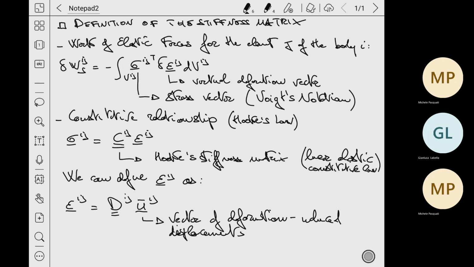And this is a linear differential operator. If you want, it's a matrix encompassing the derivatives. We have already seen it. For those of you who are not super familiar with that, again, make reference to chapter 3, where all of these things are treated extensively. So this is a linear differential operator in matrix form.